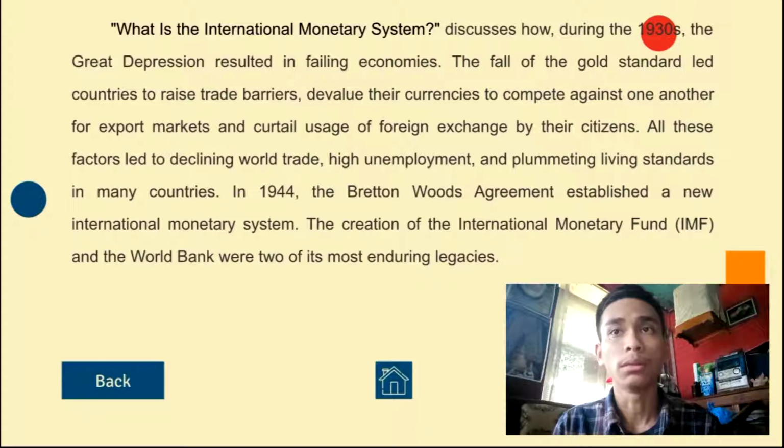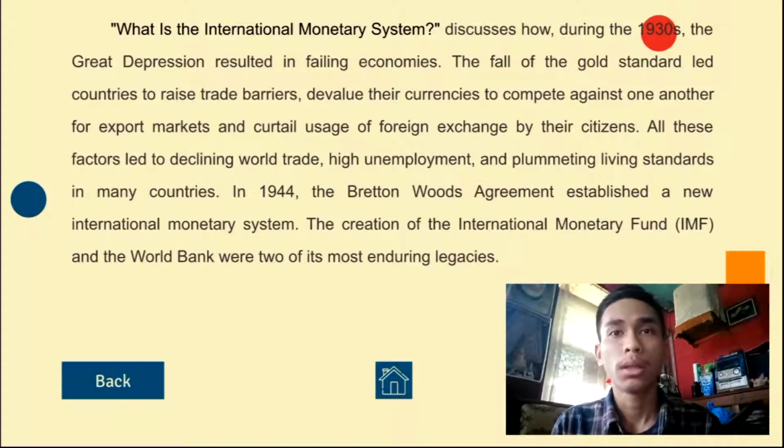The fall of the gold standard led countries to raise trade barriers, devalue their currencies to compete against one another for export markets, and curtail usage of foreign exchange by their citizens. All these factors led to declining world trade, high unemployment, and plummeting living standards in many countries.